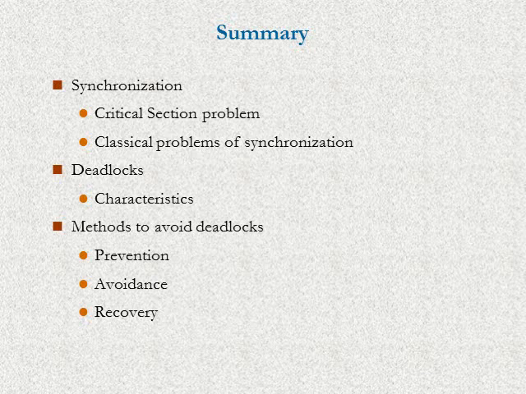In prevention, we try to avoid one of the necessary conditions for the deadlock. In avoidance, for a single instance of resources, we have the resource allocation graph, while for multiple instances, we have the banker's algorithm. While in recovery, we have detection and then recovery. In detection, we have the wait for graph, and in recovery, we have process termination.